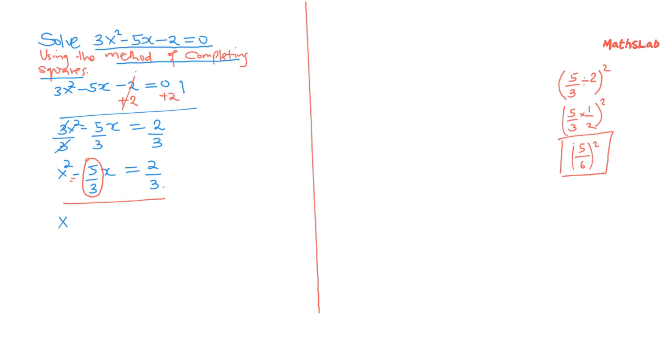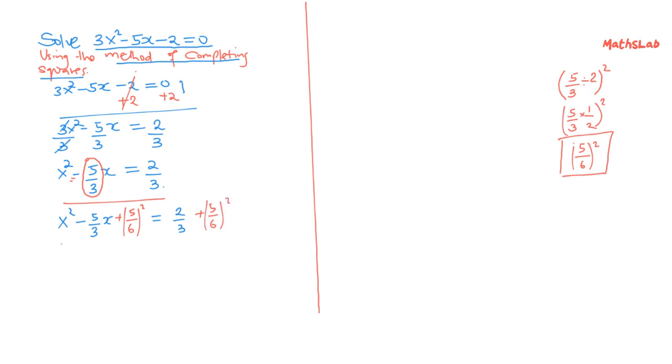Okay, so I just want to rewrite this as x squared minus 5 over 3x, leave some space there and say that is equal to 2 over 3. So what we are going to do is to add 5 over 6 squared to both sides of that equation, 5 over 6 squared there.